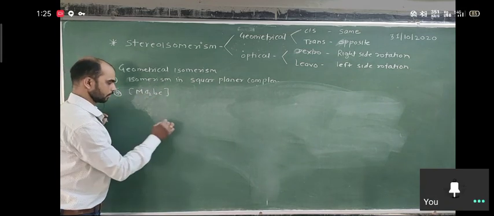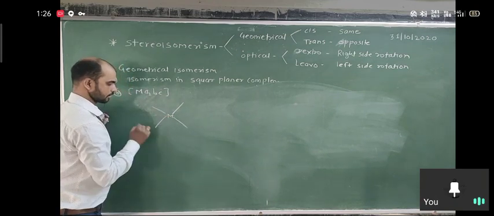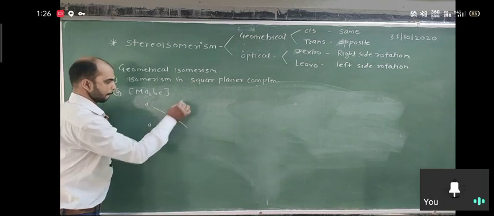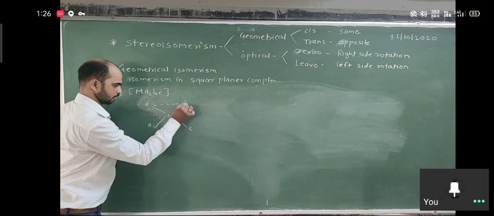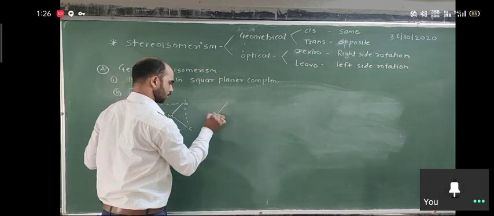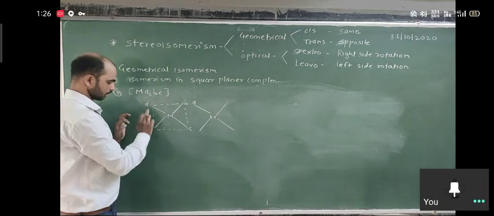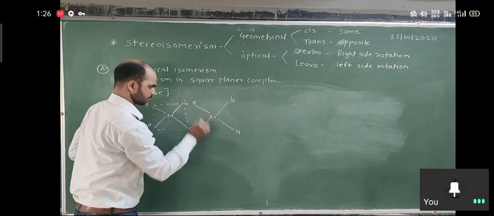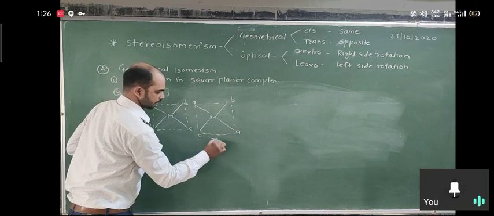So the general representation is, for cis, both same ligands A at adjacent positions, B is here, C is here. And for the trans isomer, if A is here, the other A goes opposite, B is here, C is here. So here is a trans.